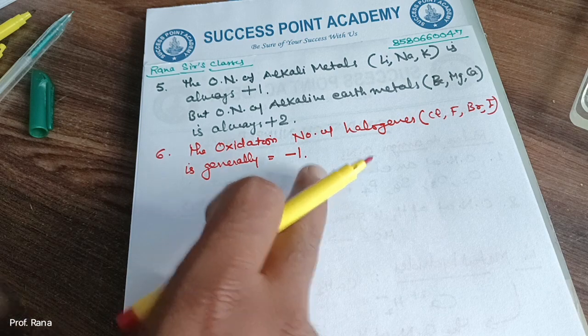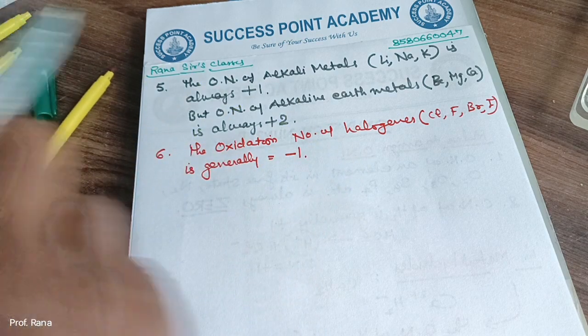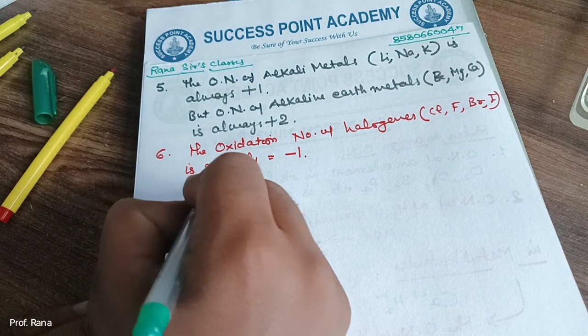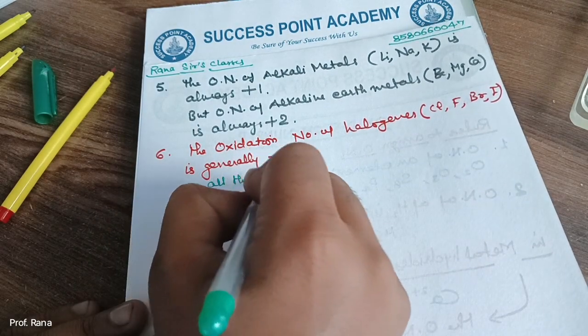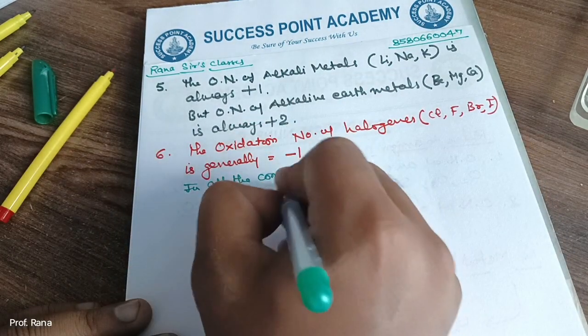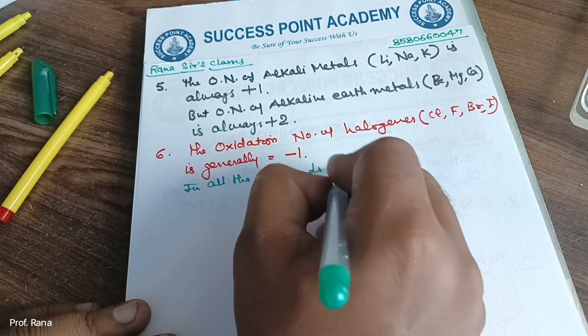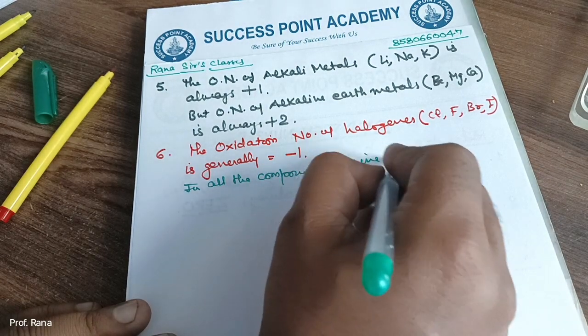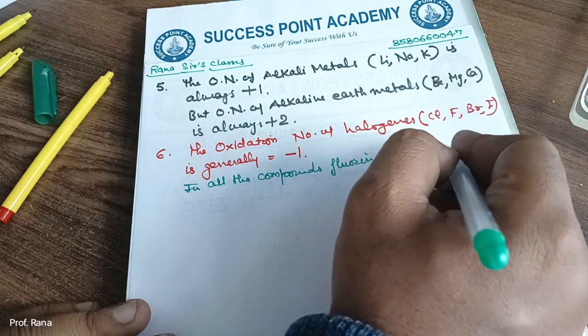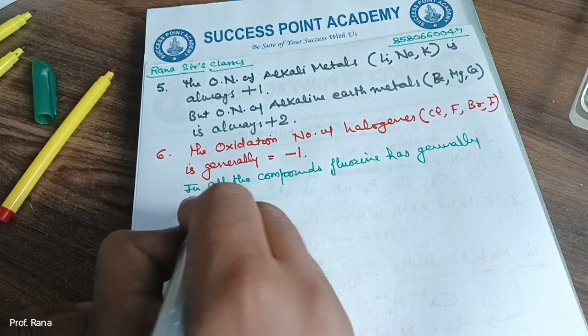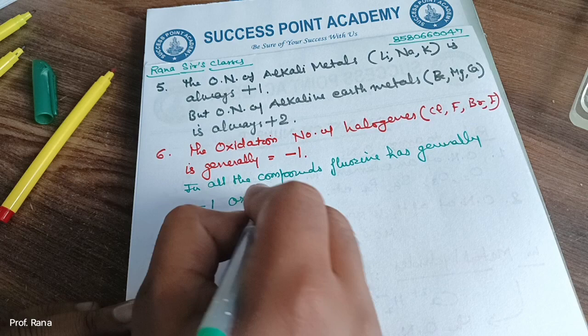Now, there is an exception. In all compounds, fluorine has generally -1 oxidation state.